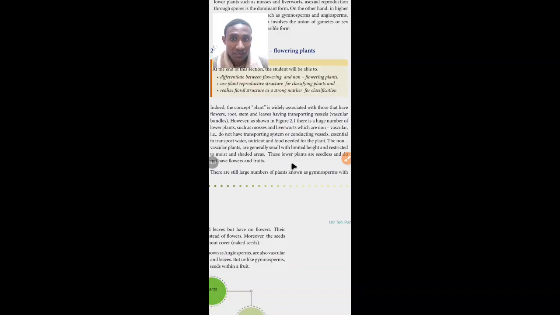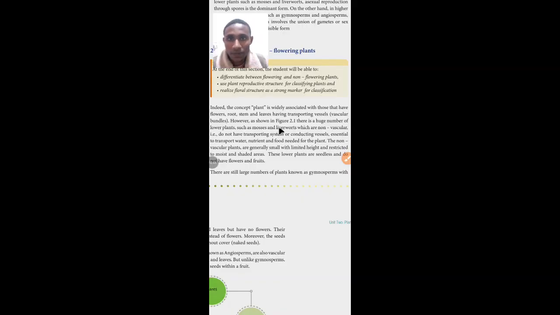For example, xylem is used to transport water from the earth or from the surrounding area of the plant to the leaves, and this water is essential for plants to get their feed, because water is essential in photosynthesis. The photosynthesis equation is H2O plus carbon dioxide, which produces glucose and what? Oxygen. So these vascular bundles are essential.